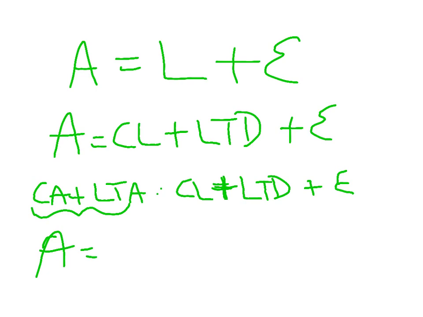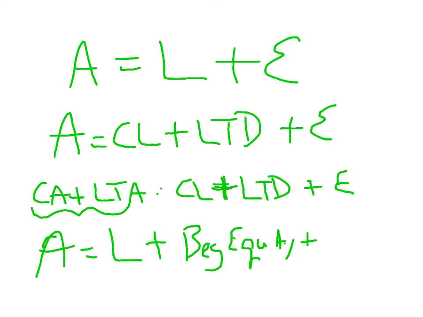We can extend it even further, or we can go back and simplify this and keep it at assets equals liabilities plus our original capital contributions. We'll say our beginning equity. And by the way, I think I misspoke calling it paid-in capital earlier, so scratch that from the record. So beginning equity plus our retained earnings.